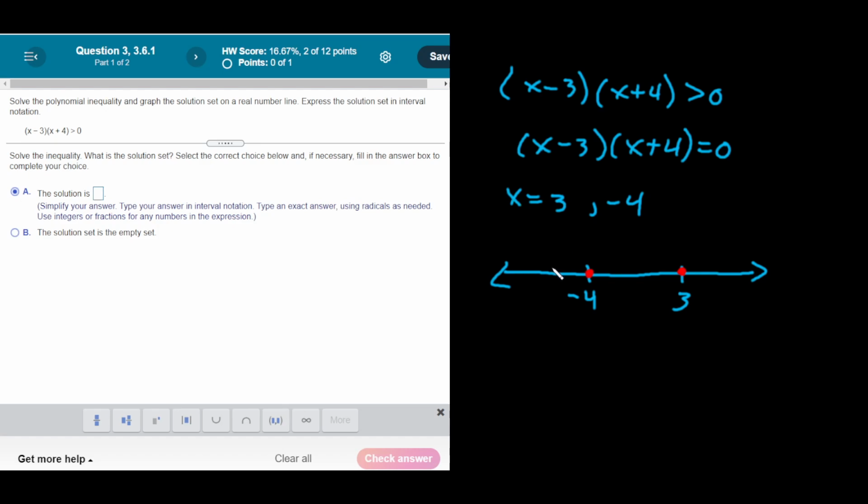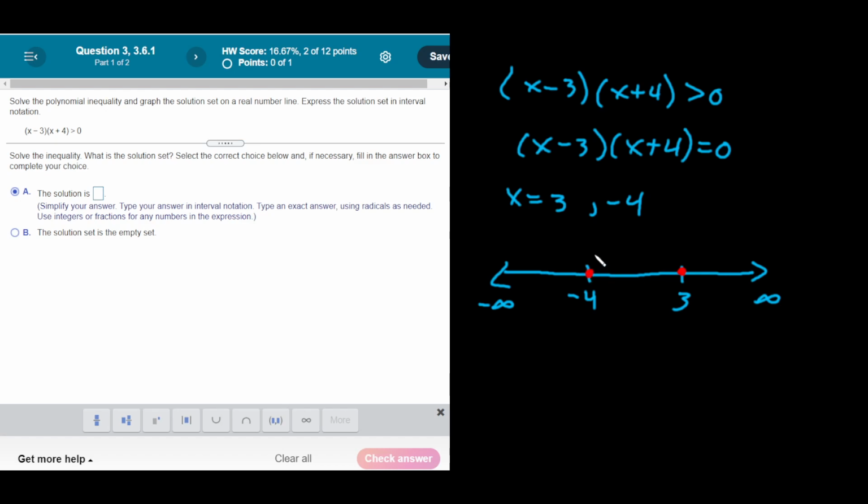We call these test points. Remember, this is -infinity and this is +infinity. We have 2 solutions, so we have to check somewhere in this region here, somewhere in the middle, and we have to check the end. I don't want to waste your time, so I'm going to show you the somewhat longer way first, and then we're going to use that to get the rest of our answers.